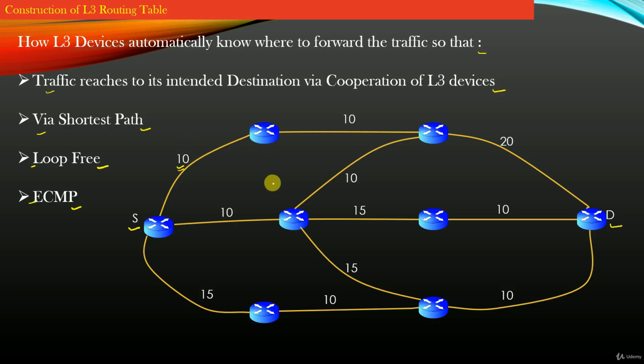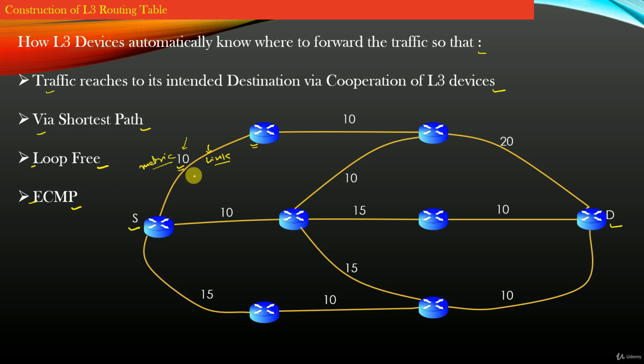For example, the cost of going from the device S to this particular device is 10. These are just integer numbers configured by the network administrator. These numbers are called the metric of the link. So this edge is called a link in network terminology, and the cost assigned to this link is called a metric, right?